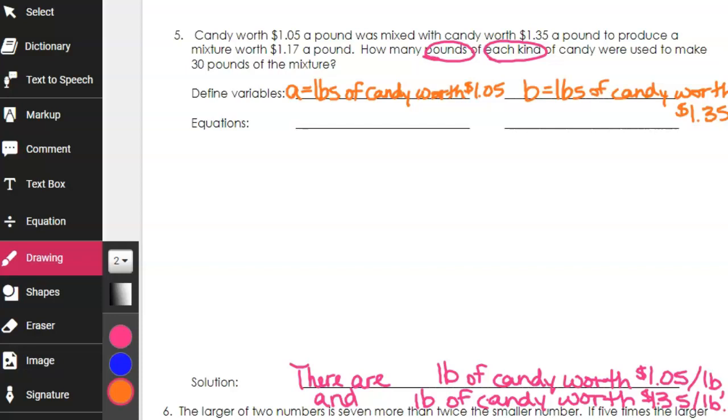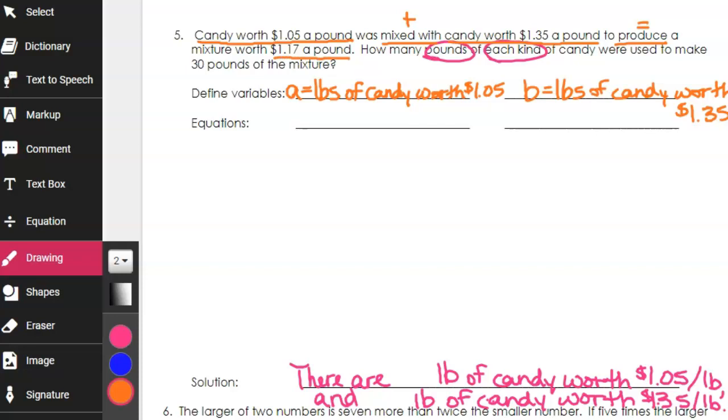So when I create my equations, it says that candy worth $1.05 a pound was mixed with, so added with, candy worth $1.35 a pound, and it equaled candy worth $1.17 a pound.